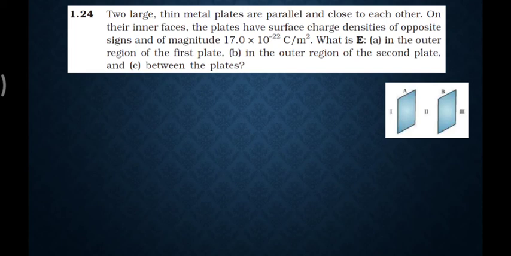We have to find the electric field in the outer region of the first plate A, in the inner region between the two plates, and in the third region, the outer region of plate B. So region 1, region 2 inside, and region 3 outside of B as well. Everywhere you have to find E due to the charges present on the surfaces, whose density is 17 times 10 to the power minus 22.